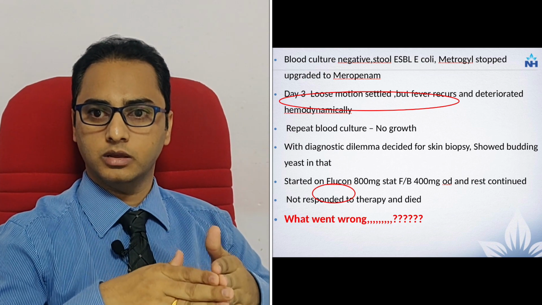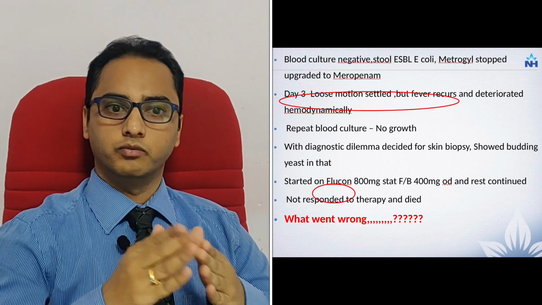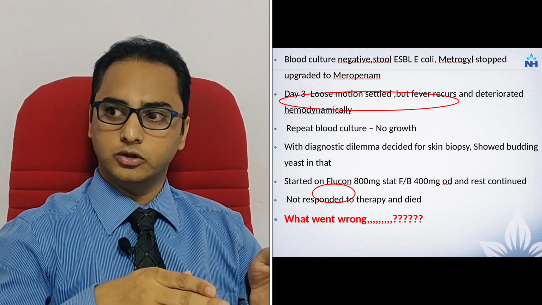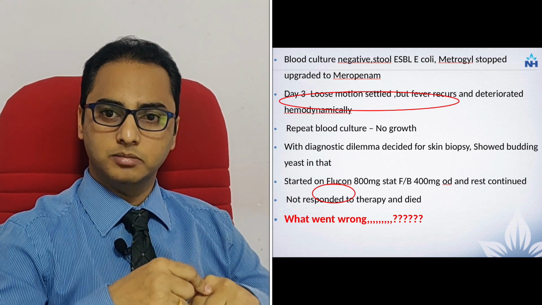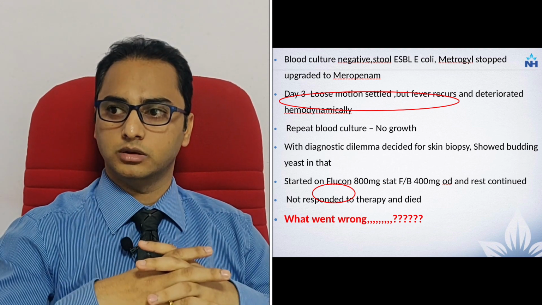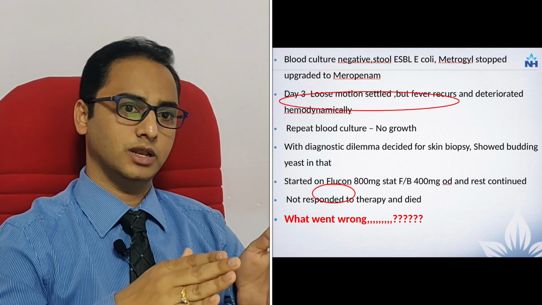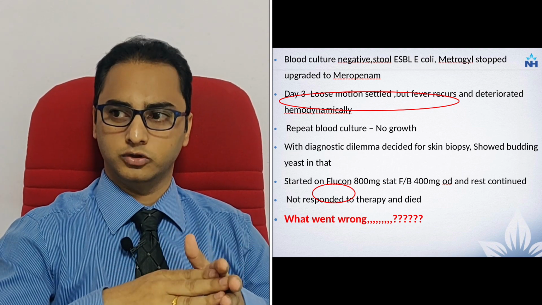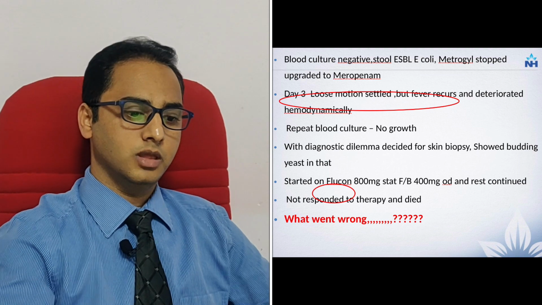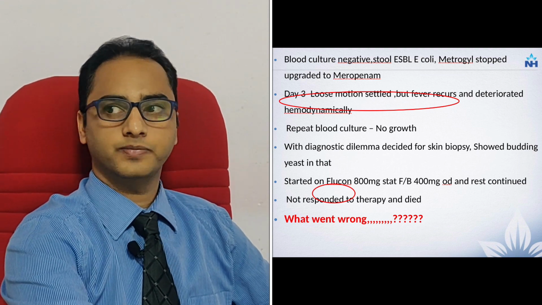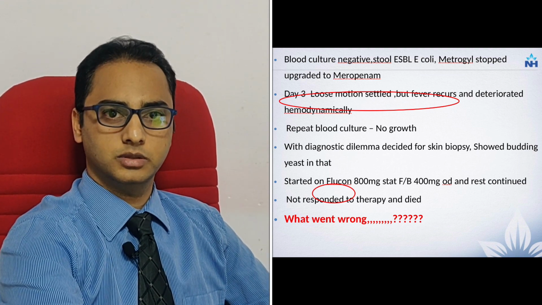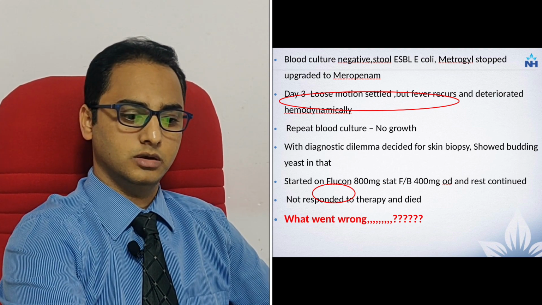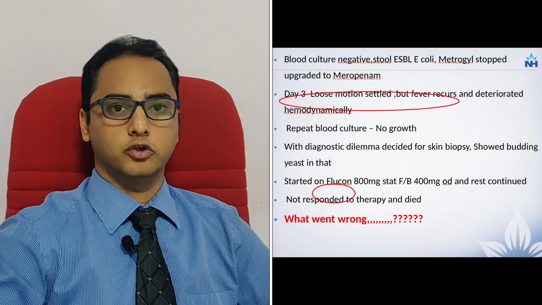Neutropenic, hemodynamically unstable, with empirical antifungal therapy. Here it's a definitive therapy because we did a skin biopsy which showed budding yeast. So obviously we could have selected an echinocandin as the first option instead of an azole. That might be the reason for mortality in this young patient with neutropenic sepsis, fungal infection, and hematolymphoid malignancy background. Thank you all.